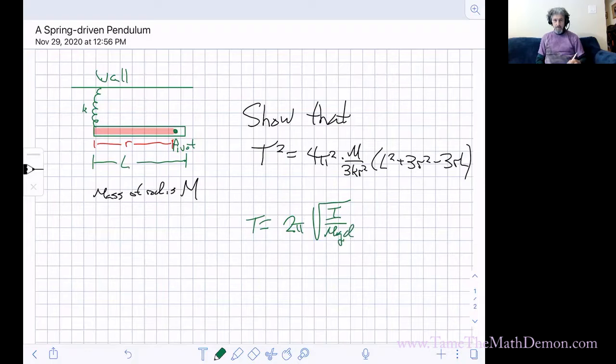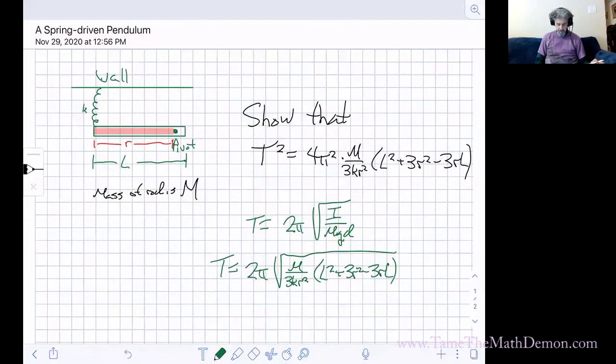And at least we can recognize that this equation is just the square of the pendulum equation. So if we can show that the 4 pi squared square rooted is 2 pi, so leaving out the 2 pi and all that, we need to show that this is what we get in place of this.